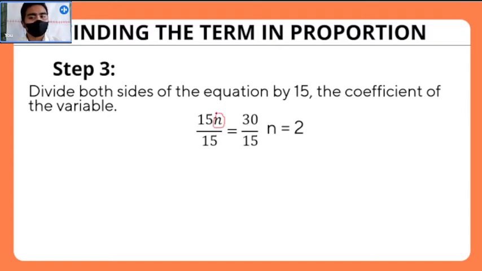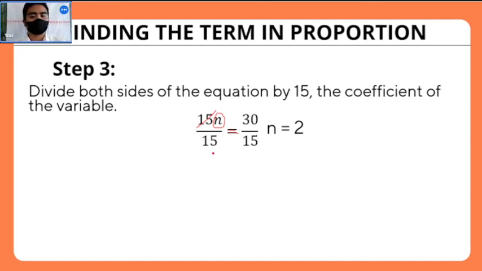This is the rule: whatever you do in your left side, you do in your right side, and vice versa. When you divide the left side, you divide the right side. When you add on the left side, you add on the right side, so that it would be equal.